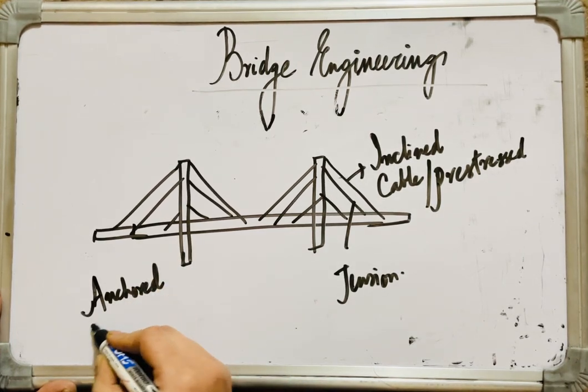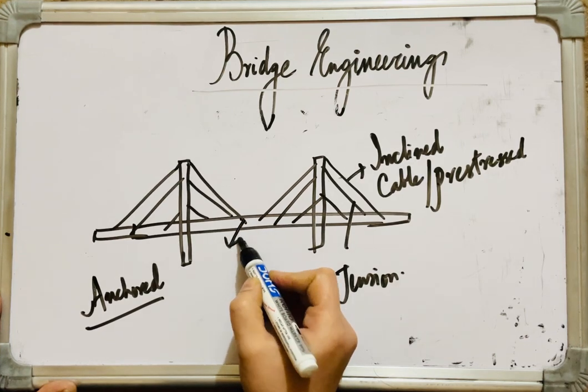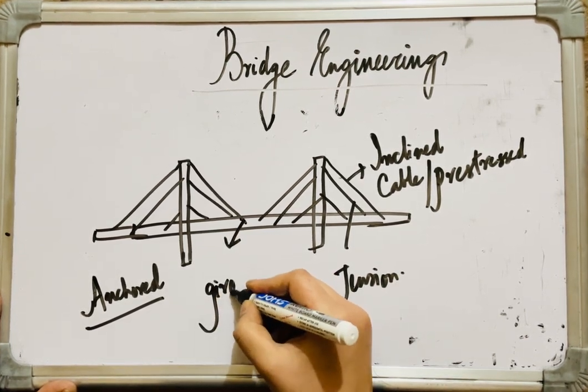The first anchorage is done on the top of the tower and another in the girder of the bridge deck.